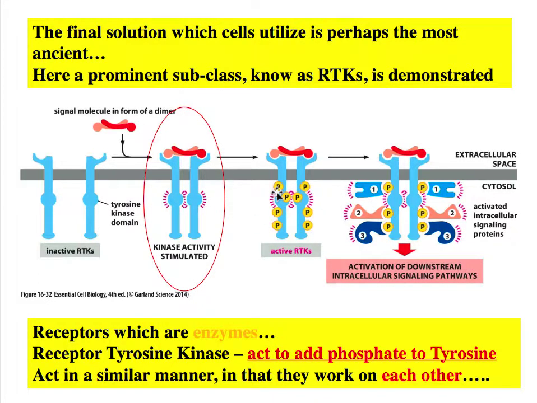Because the phosphates on the surface of the protein change their shape, now for the first time, other proteins which were wandering around inside the cytosol are able to dock onto the surface of the receptors.